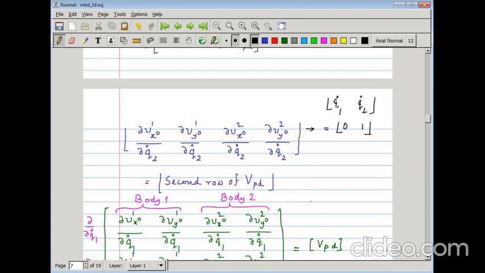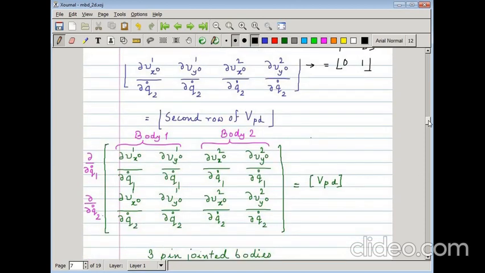Now if we combine the derivative with respect to q1 dot in the first row and the derivative with respect to q2 dot in the second row, that will give you the first row of VPD and then the second row of VPD. So what is this then? That is nothing but VPD itself.